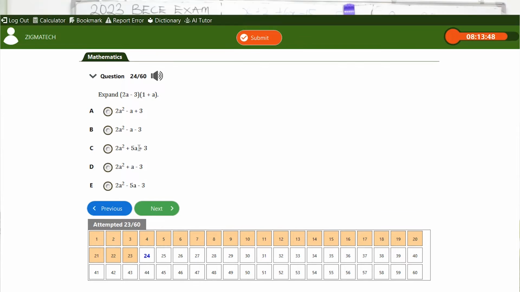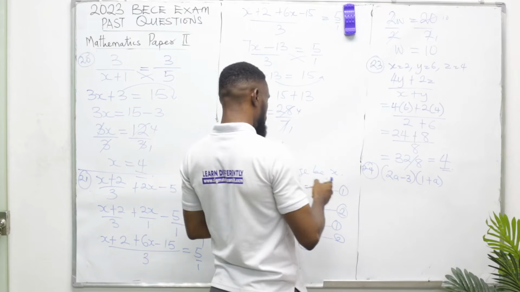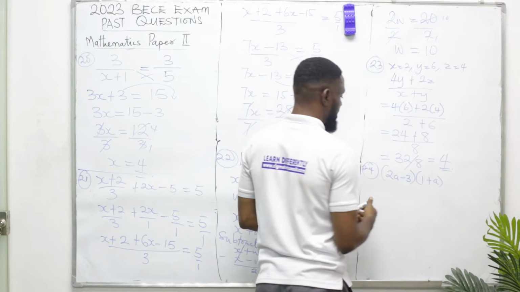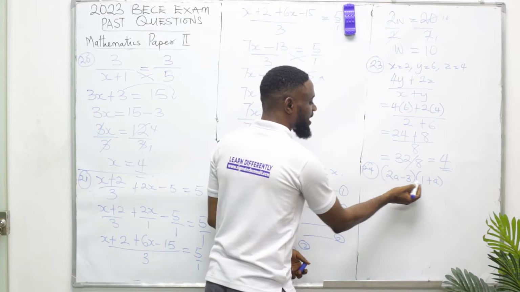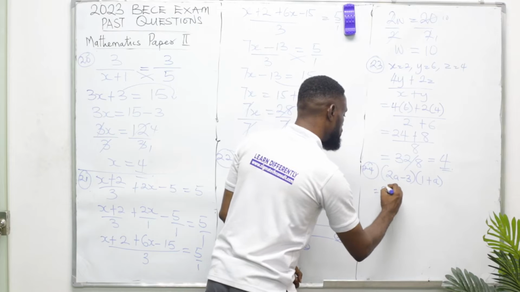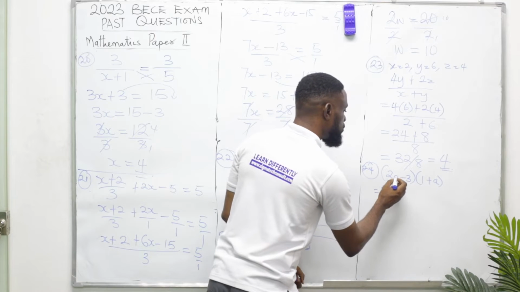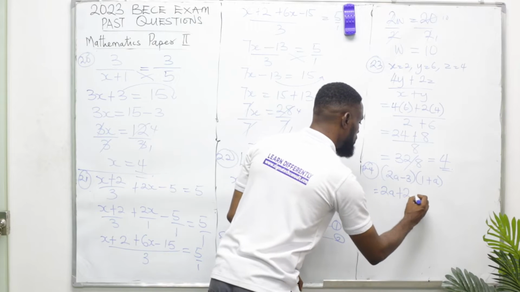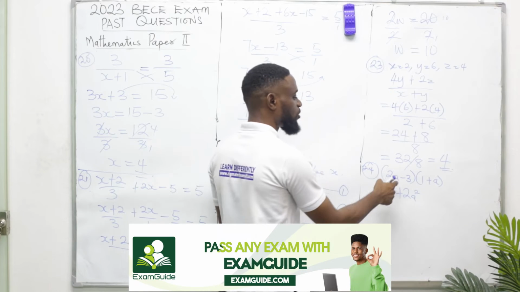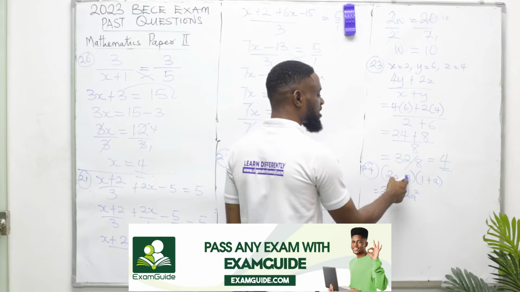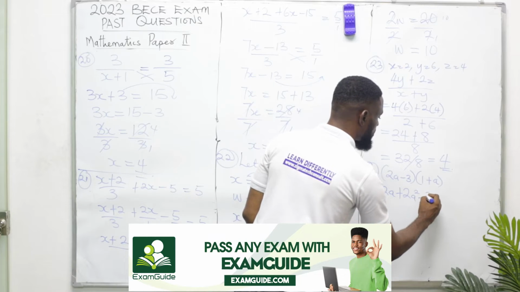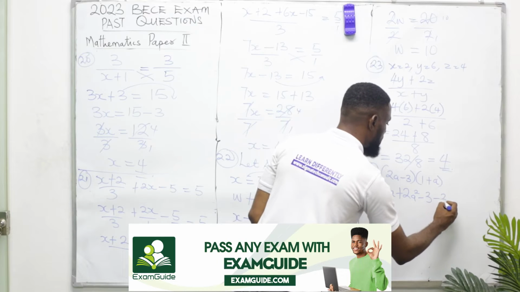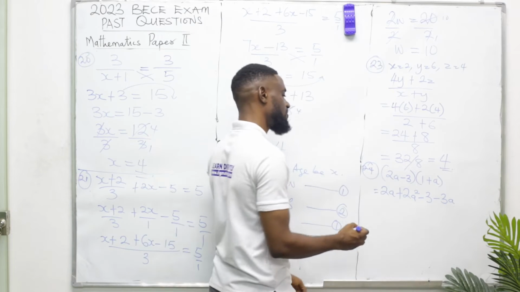To expand means to multiply the two brackets. So 2a times 1 gives us 2a. Then 2a times a will give us plus 2a squared. So we go to minus 3. Minus 3 times 1 is minus 3. Minus 3 times a is minus 3a. Is that correct? It's correct.